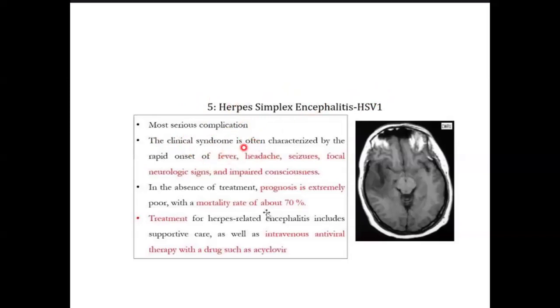We have fever, headache. You can add here neck stiffness. Then we have seizures, focal neurological signs, and impaired level of consciousness. So the patient will come in confused, or they may come in a coma, okay? So that's what we call impaired consciousness.